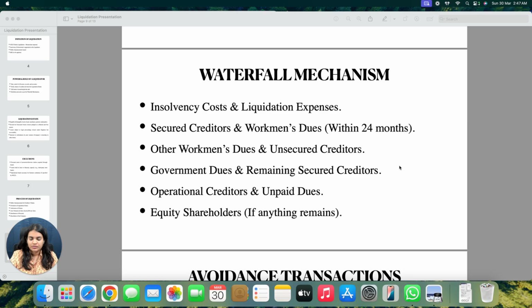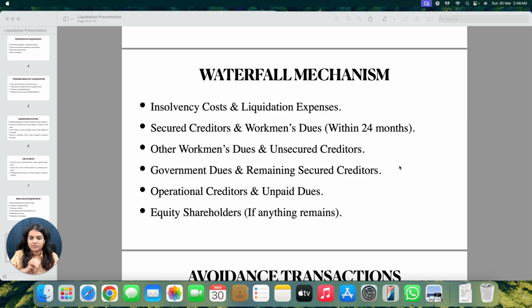So, as we have seen, for a secured creditor to come under the waterfall mechanism in this second place, they have to have relinquished their security interest into the liquidation estate under section 36 of the code.